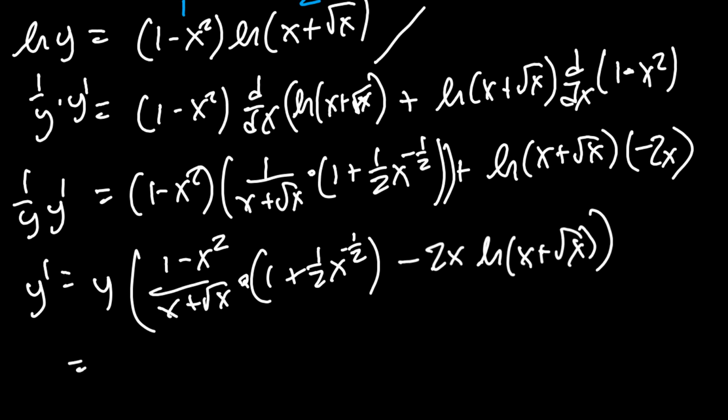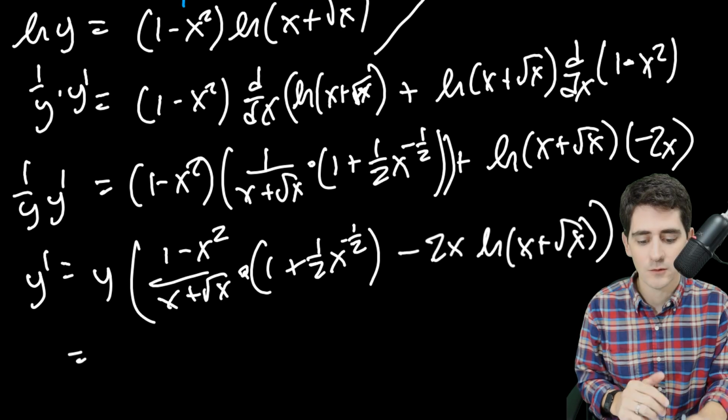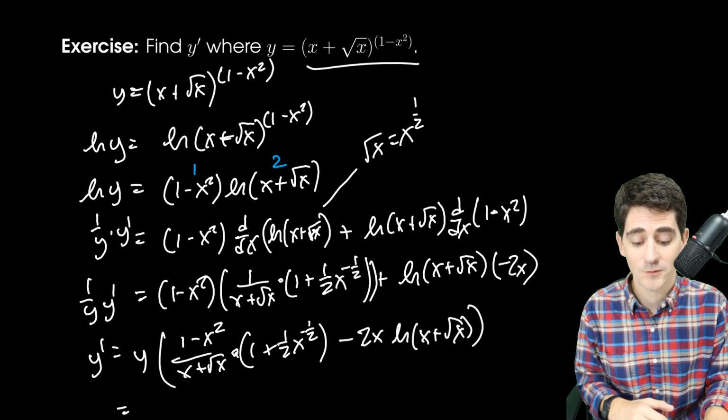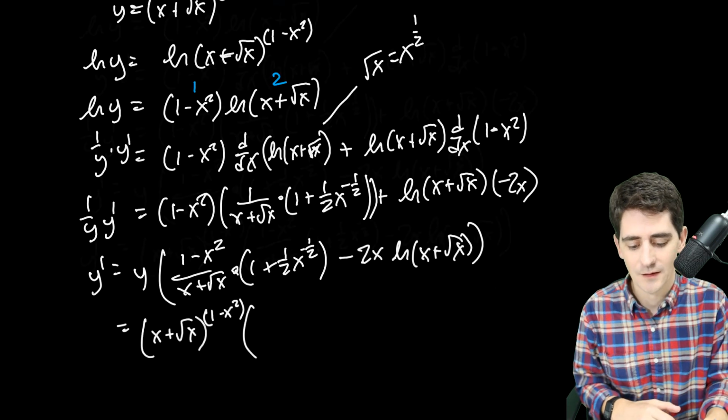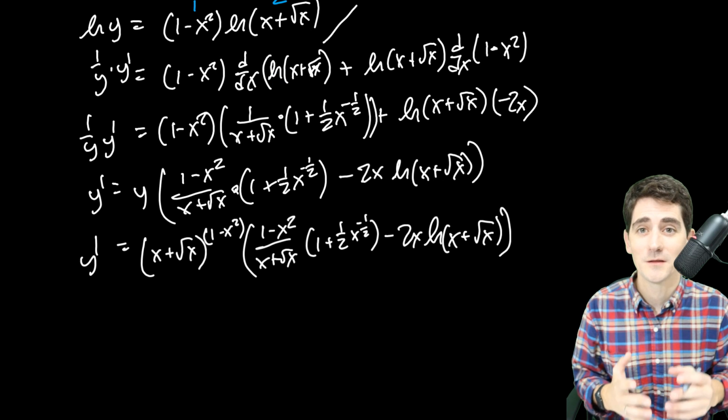And so I just need to rewrite all that, and instead of writing y, I write what y equals, which is this x plus root x to the 1 minus x squared power, times all this stuff again. Okay, now I didn't say it was pretty, I said it was doable, and it's actually not very difficult.